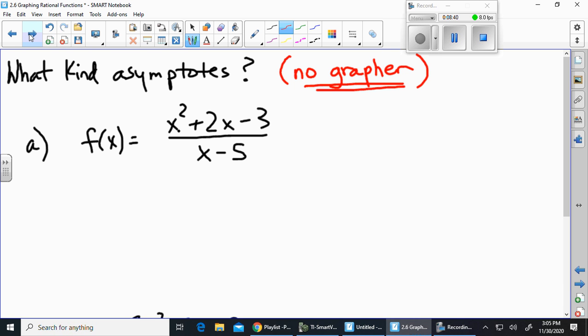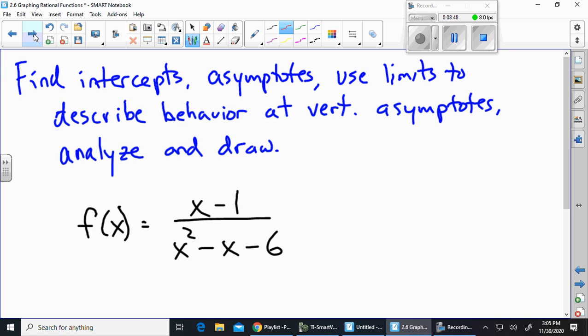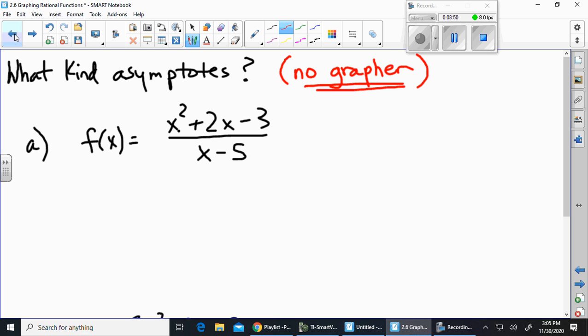So I'm just going to do a couple and say, okay, what if I asked you to graph this? I'm going to actually, if I just said, find your asymptotes first, just to get used to finding the asymptotes.